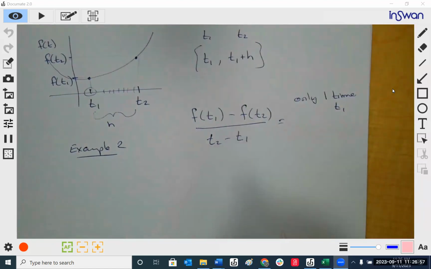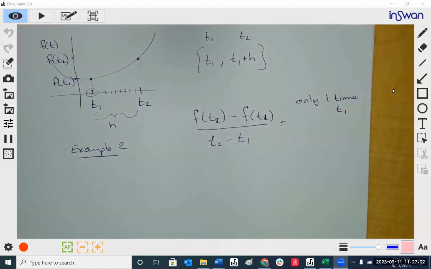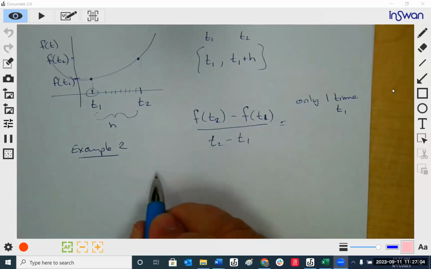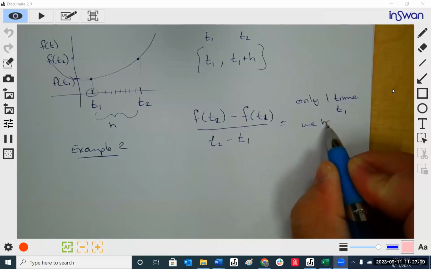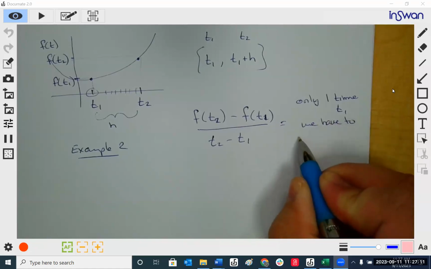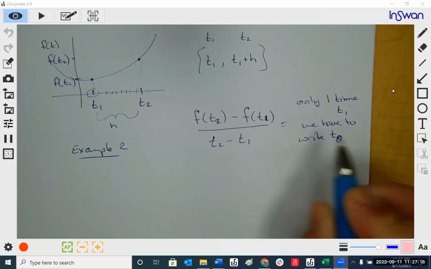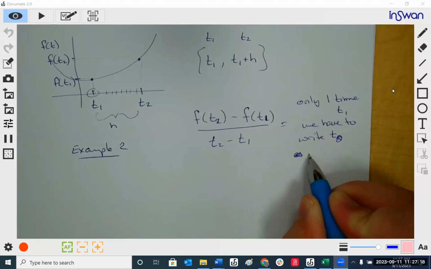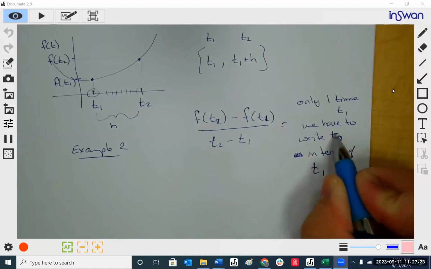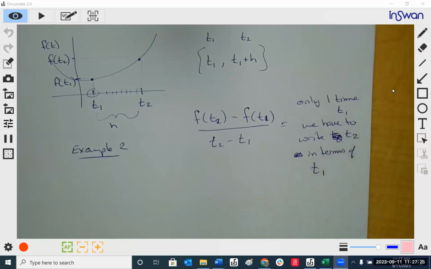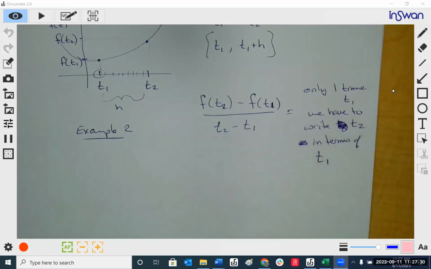Notice that's T2 minus T1, I'm sorry. So what we have to do is write T2 in terms of T1. We have to write T2 in terms of T1.